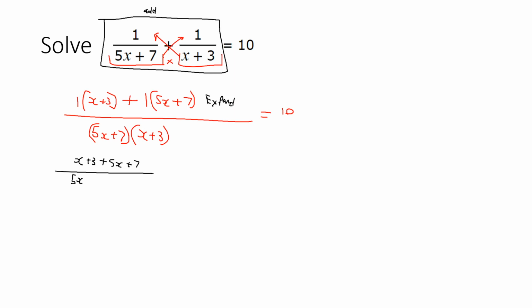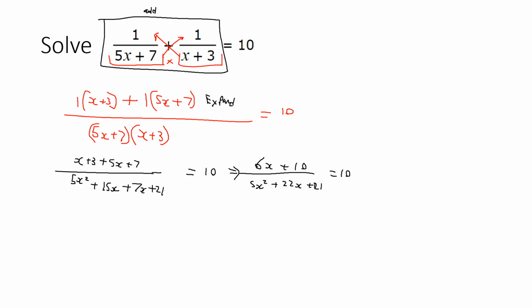So we can say 5x squared plus 15x plus 7x plus 21 is all equal to 10, which we can summarize as 6x plus 10 all over 5x squared plus 22x plus 21 is equal to 10.